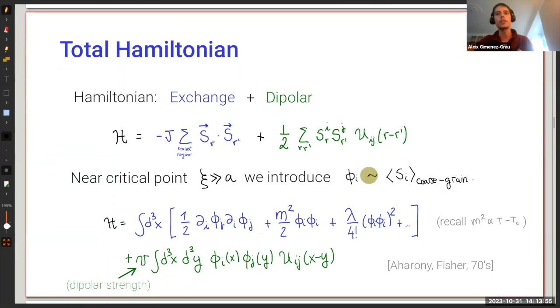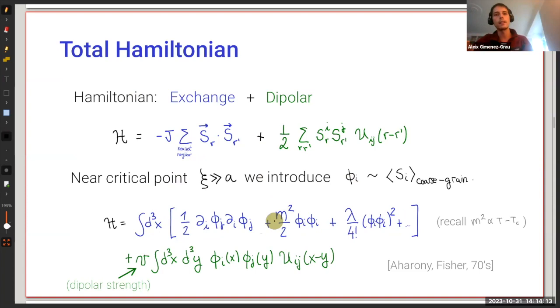This procedure of coarse grain averaging is actually standard. And it's well known that if you start with this Hamiltonian here, which is the Heisenberg model, what you end up with is some kind of phi to the 4th theory. So there's some kinetic term for this field phi.